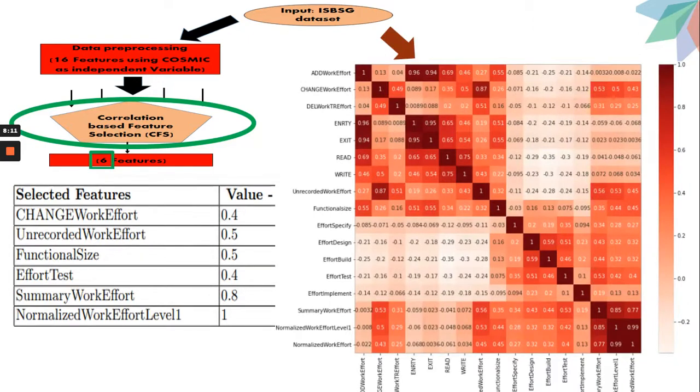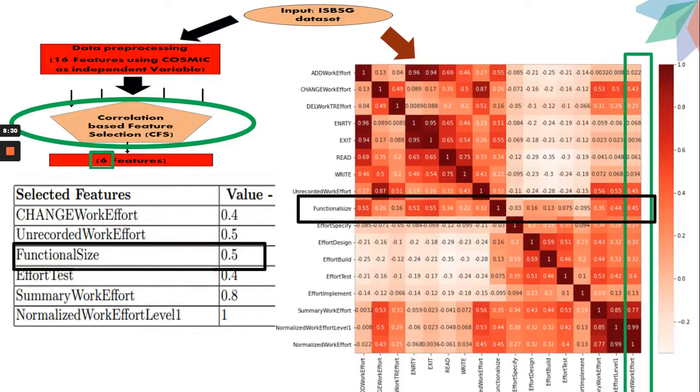This table shows the selected features with their corresponding correlation coefficient values, having scores larger than 0.4, computed using the COSMIC dataset between functional change size and the enhancement effort, the normalized work effort.